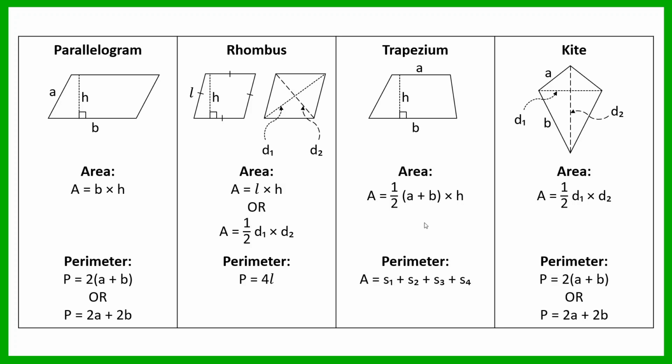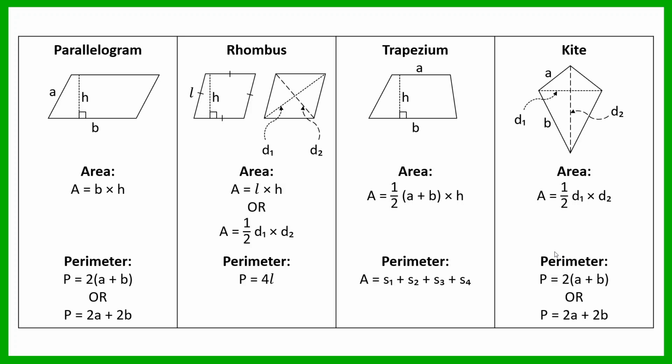Then for a trapezium, the area is half times (a plus b) multiplied by height, where a and b are the 2 sides that are parallel to each other. And the perimeter, you just add up all 4 sides. And then for a kite, the area is half diameter 1 times diameter 2, and the perimeter is 2(a plus b), or 2a plus 2b.